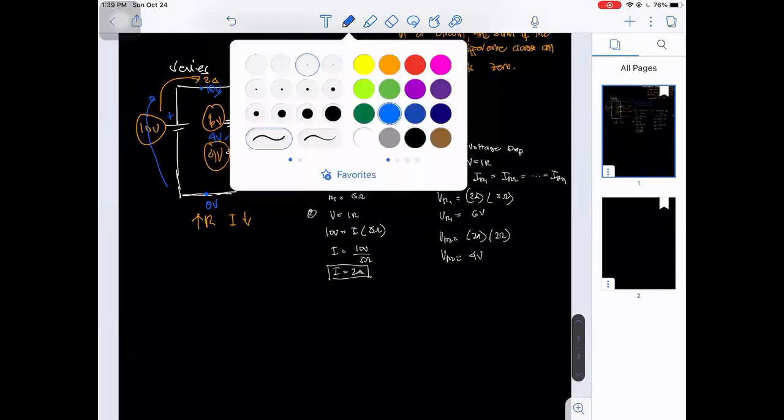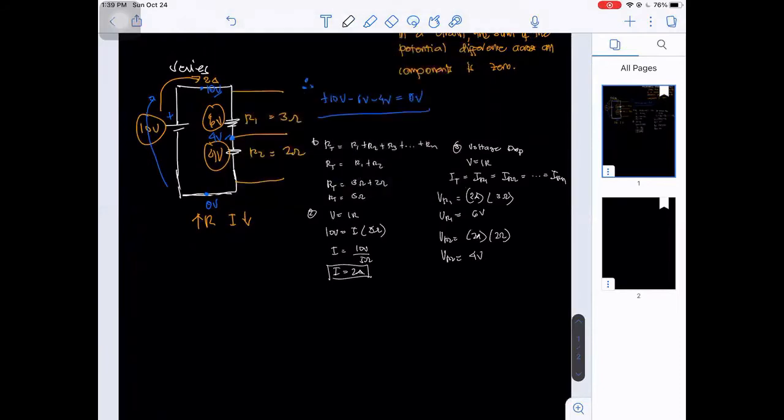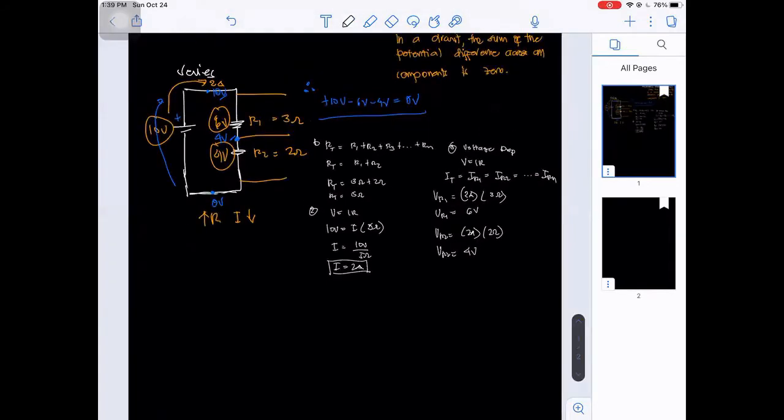Here we can use the formula P is equal to IV. So power is equal to the current times the voltage. So we will solve for the power delivered by the battery and the power absorbed by the resistors in the circuit. The resistors are 3 ohms and also 2 ohms.